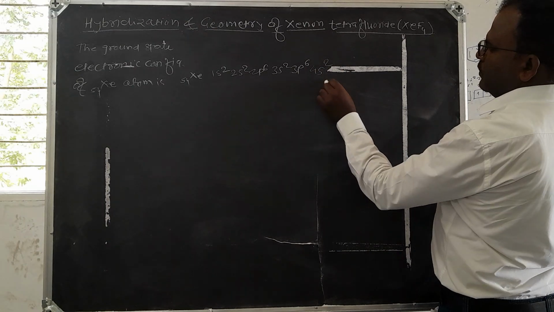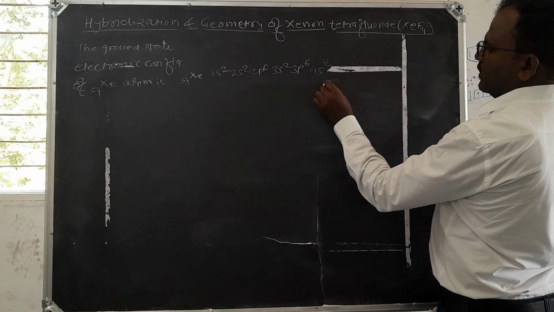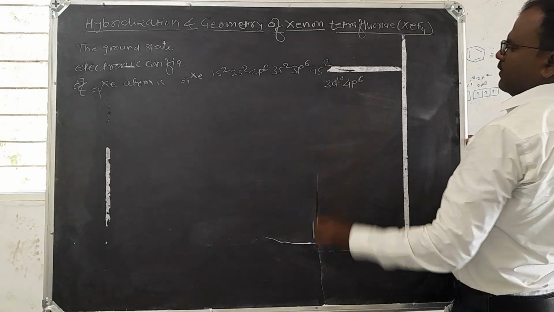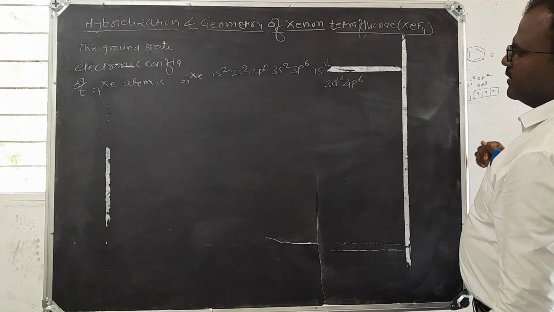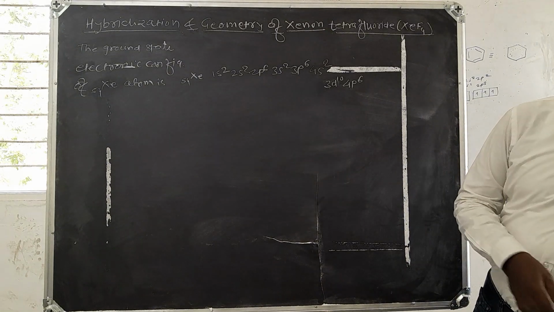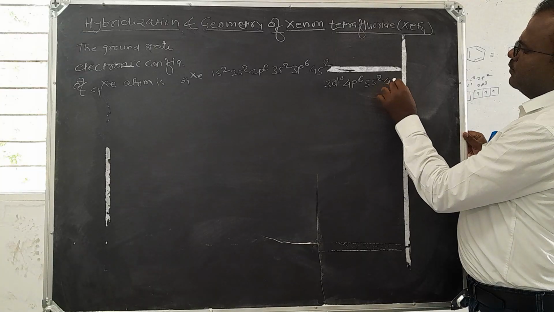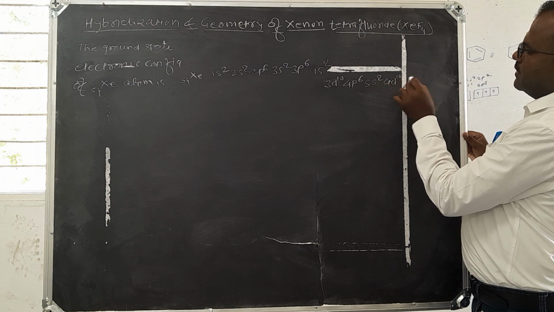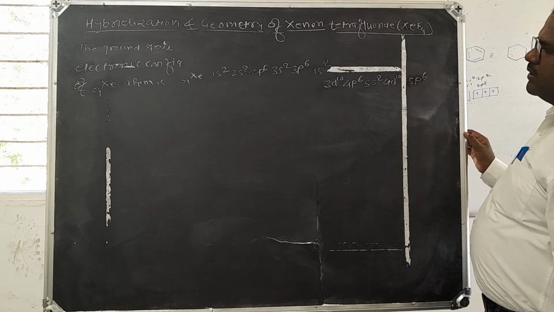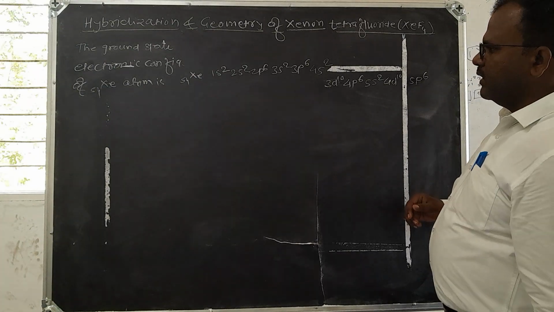then 4s2, 3d10, 4p6, then 5s2, 4d10, 5p6. So this is the ground state electronic configuration of the xenon atom.